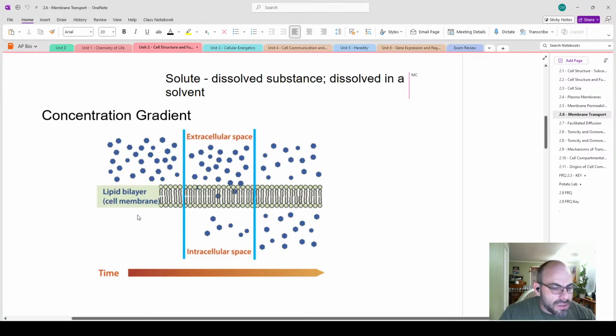I need to make my cursor bigger. Just realized it's not very big. So high concentration up here, low concentration up here. So there's currently a gradient, right? And in this particular instance, these molecules are traveling from a high concentration to a low concentration until there's no longer a gradient, right?